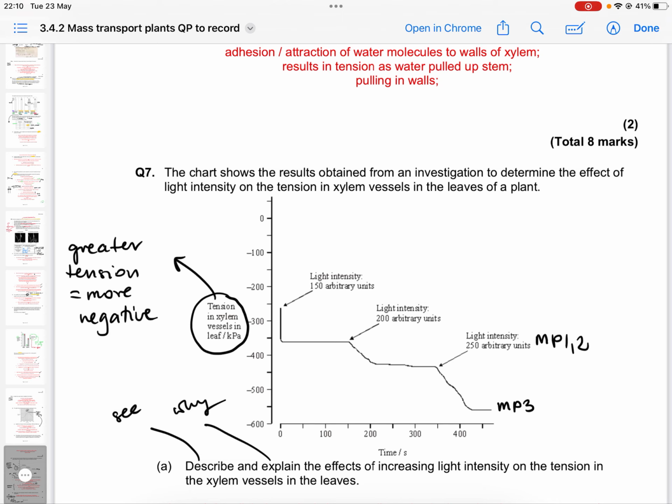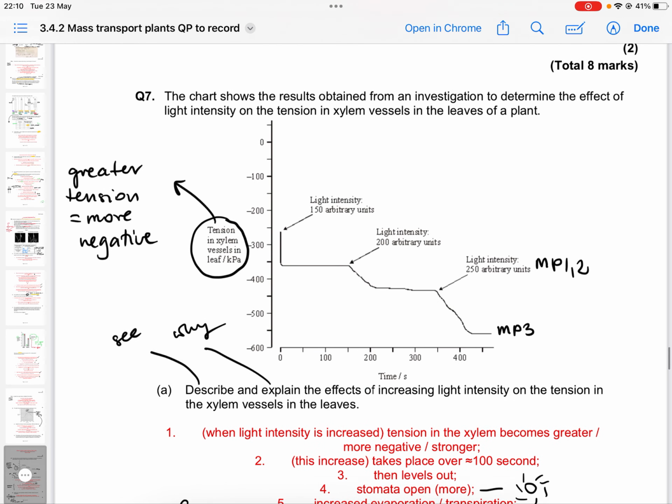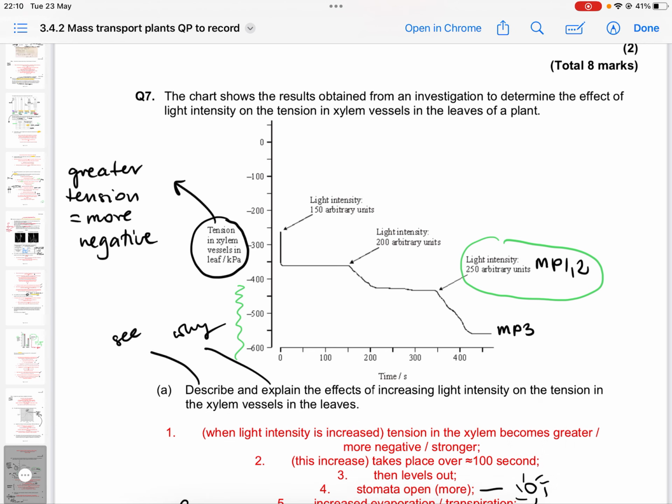The same here. So the greater the tension means more negative. And how then does that graph work? So we can clearly see here then when the tension increases, becomes greater, means more negative, it's because of the light intensity being higher. And if we look at this, okay, that's where the tension becomes greater, means more negative.